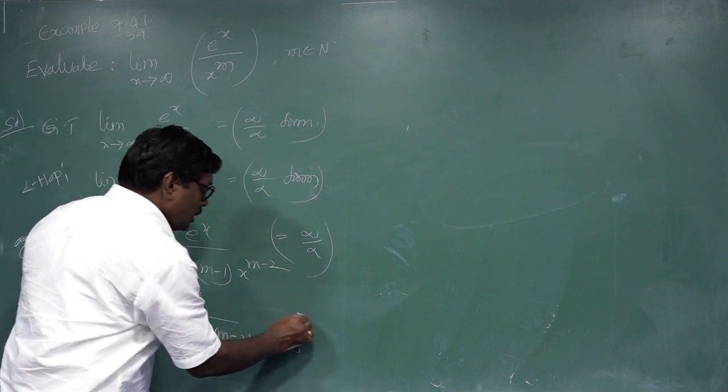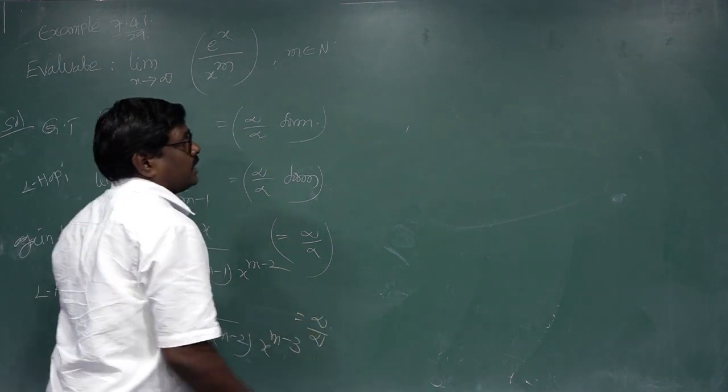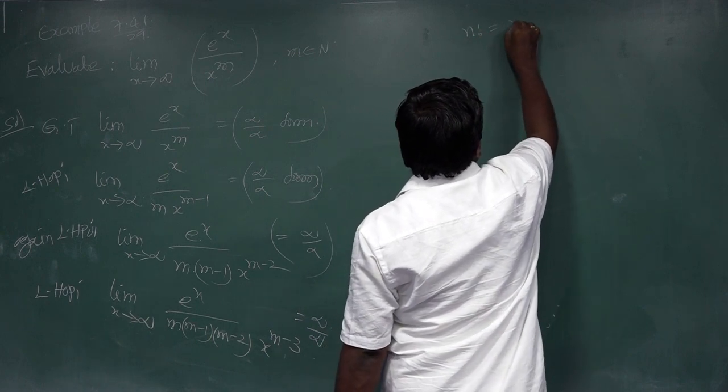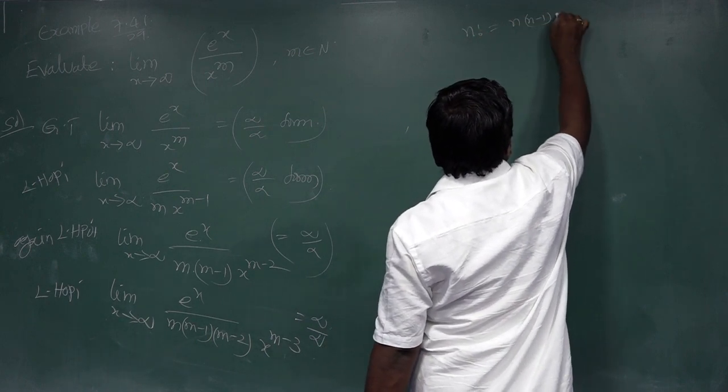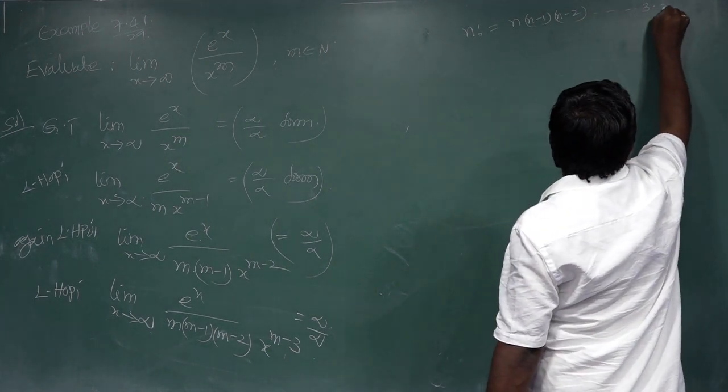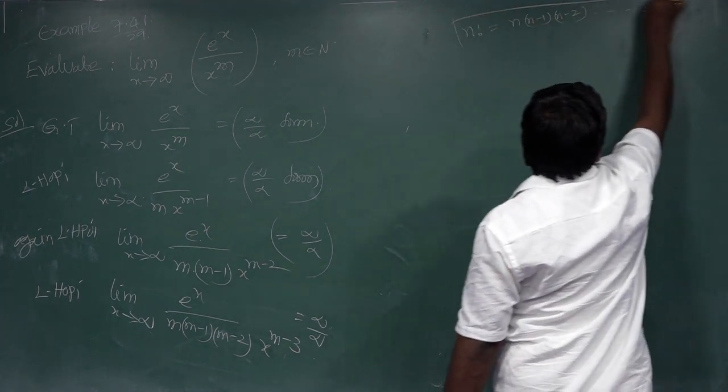This is also indeterminate. The simple formula is the n factorial formula: n into n minus 1 into n minus 2, and so on down to 3, 2, 1, equals n factorial.